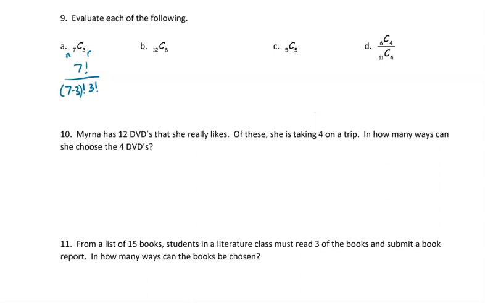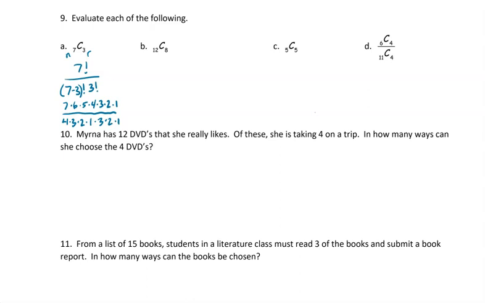Right, so 7 factorial is 7 times 6 times 5 times 4 times 3 times 2 times 1, over 7 minus 3 is 4, so that's 4 factorial, 4 times 3 times 2 times 1. 3 factorial is 3 times 2 times 1.